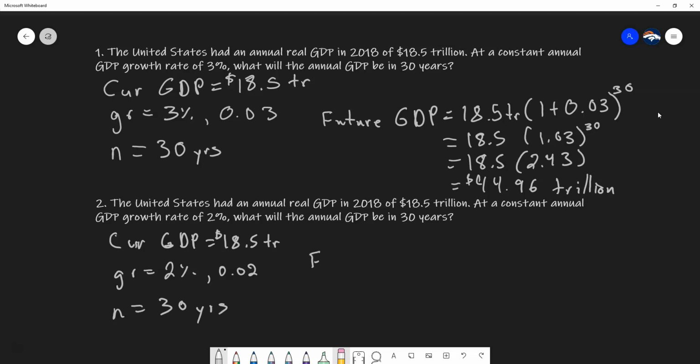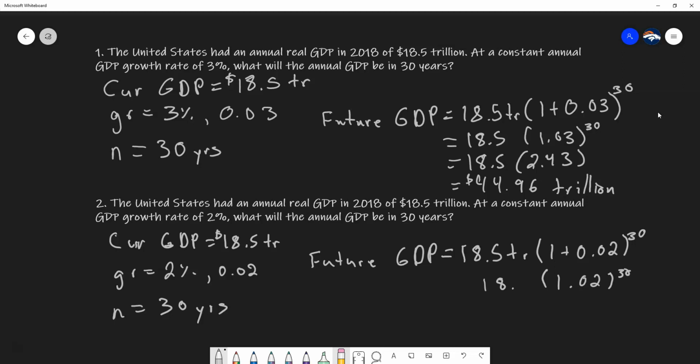We plug in again: future GDP equals current GDP of 18.5 trillion times 1 plus 0.02 to the 30th power. This would be 1.02 to the 30th power times that $18.5 trillion. Once again, depending on how you round, it might be a little bit different. 1.81 is what I got.